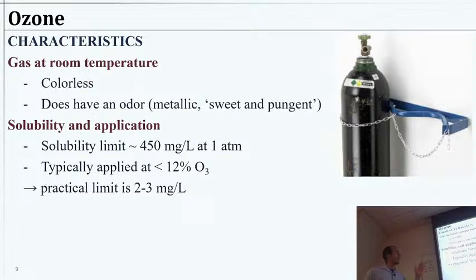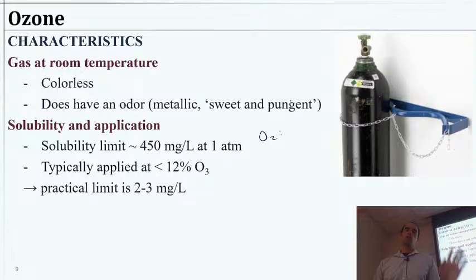It has a higher solubility than oxygen in water. So typically more like 450 milligrams per liter at 1 atmosphere. Whereas for oxygen, it's around, and actually I'm not sure if this is 1 atmosphere of ozone. I think this is just, would that be?